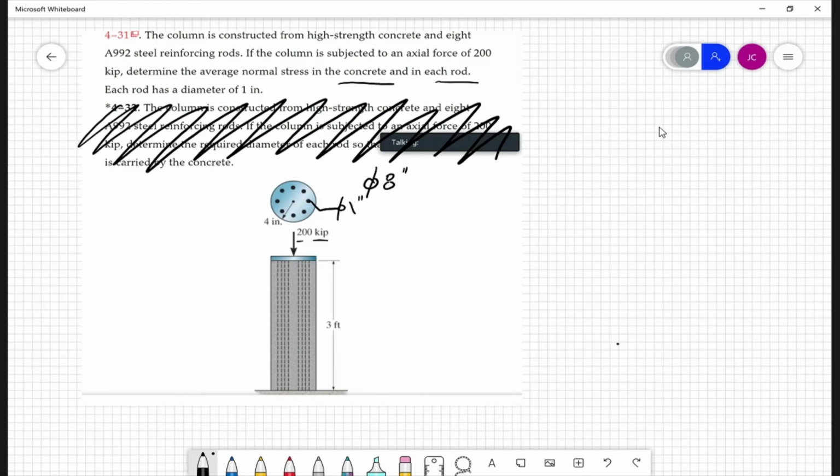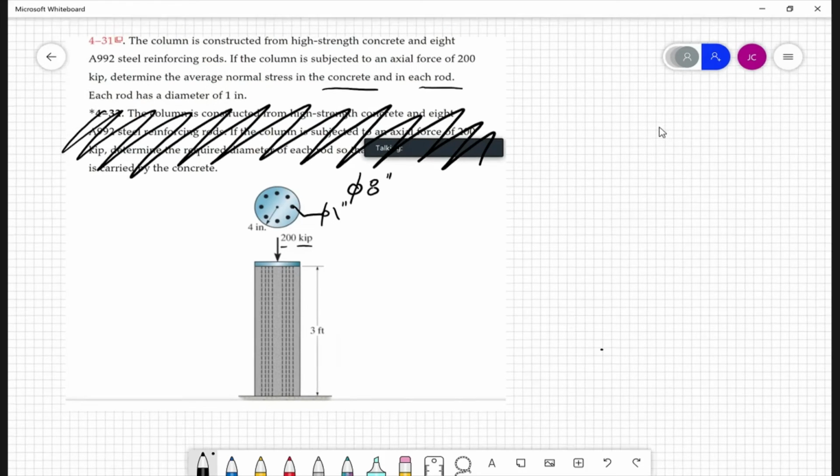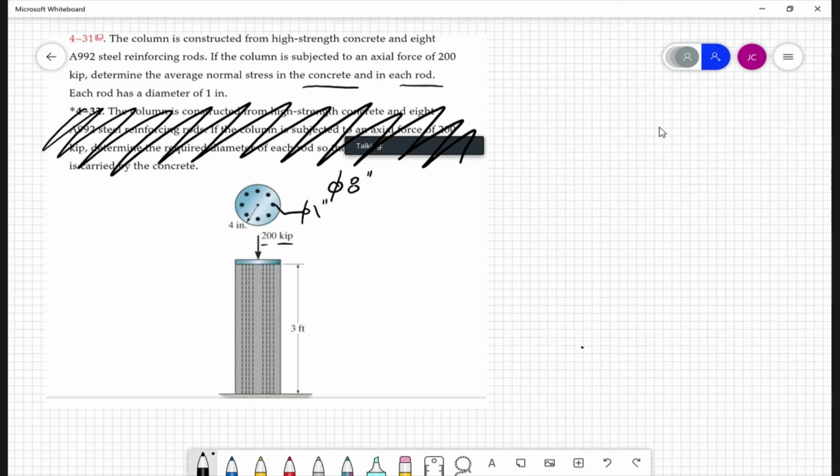So again, you can probably guess this is a statically indeterminate problem, but it's a little bit different than what we've looked at before. If we were to draw the free body diagram of this top plate, we would have the following. There's the top plate.